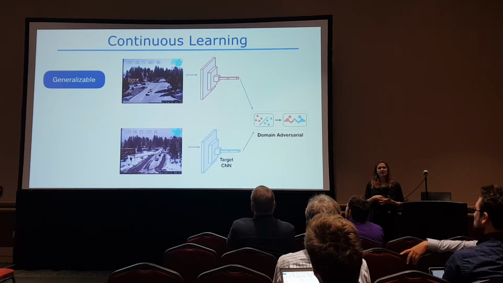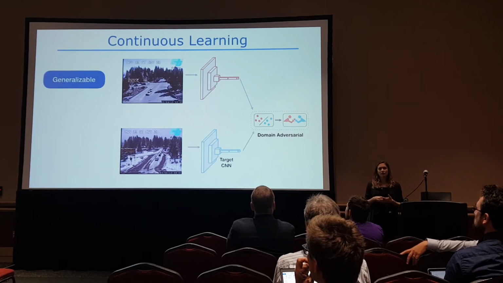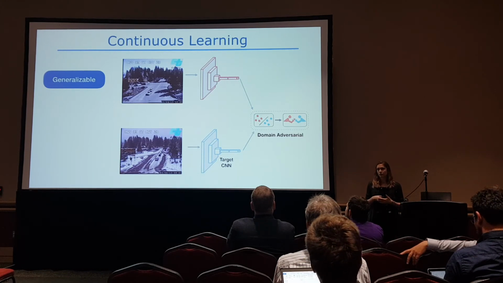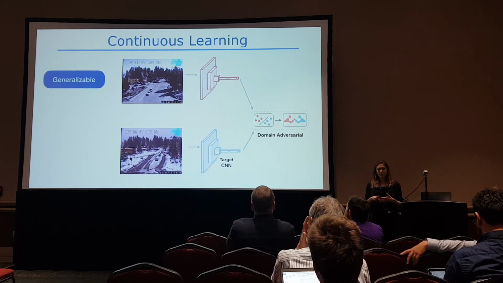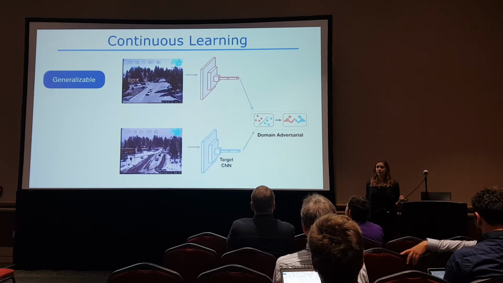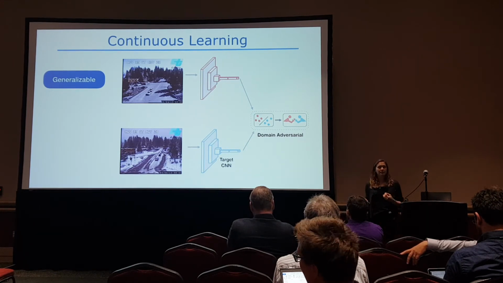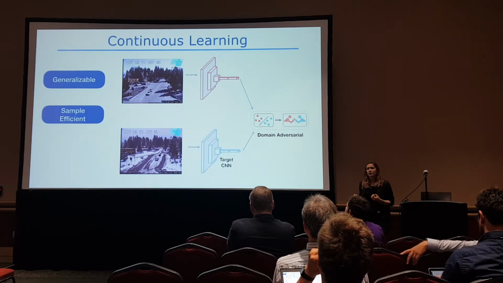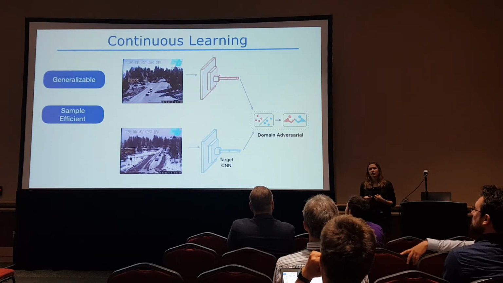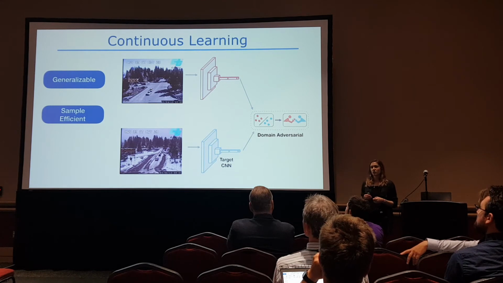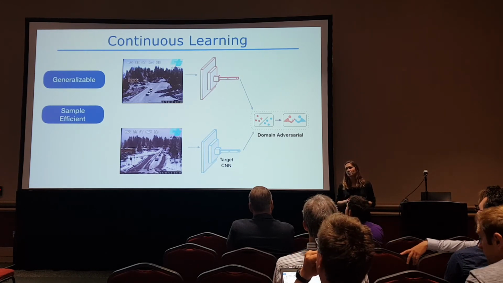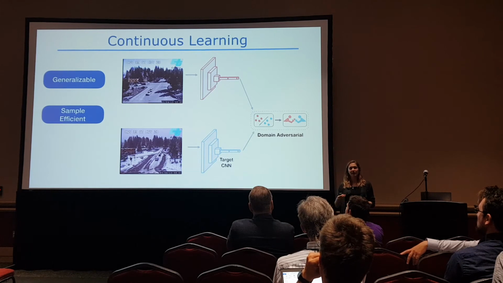The first is that you really want a model that is generalizable. What I mean by that is we don't just want a model that is responsive to what it sees right now at the expense of forgetting everything it used to know. We want a model that's able to capture all the variety that you might see, and that includes retaining knowledge from prior experiences. We also want a model that can learn to adapt quickly, or in a sample-efficient way. That means I don't want to have to wait until it's been snowing for 3 hours before I start adapting to snow.